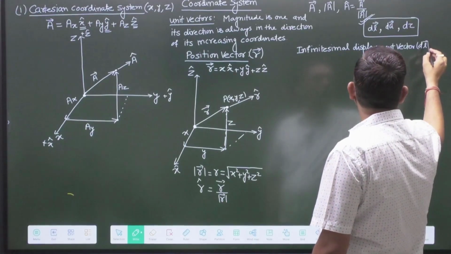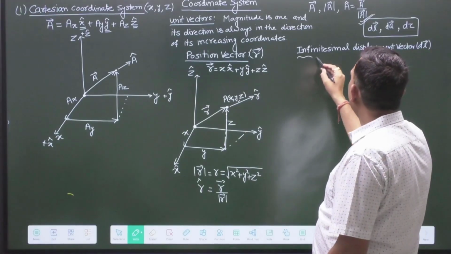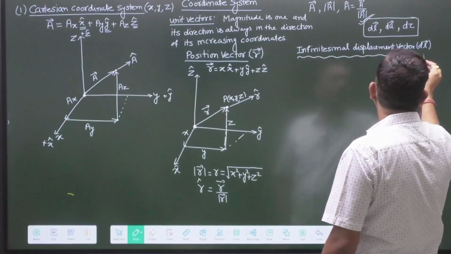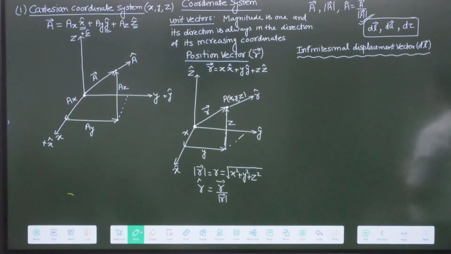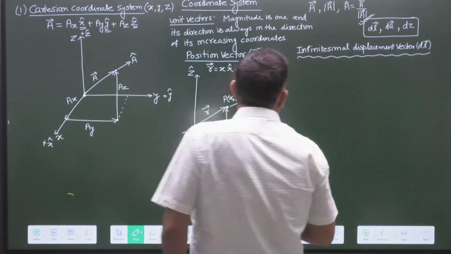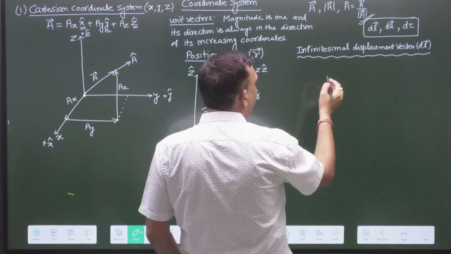This is the dl vector, the infinitesimal displacement vector. So how will you define the dl vector?